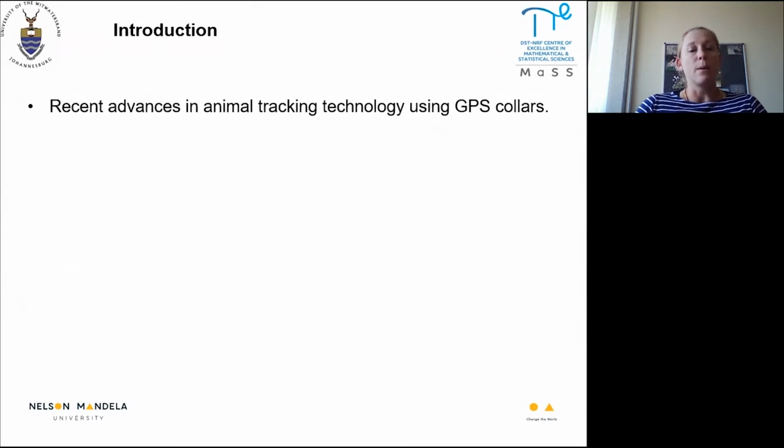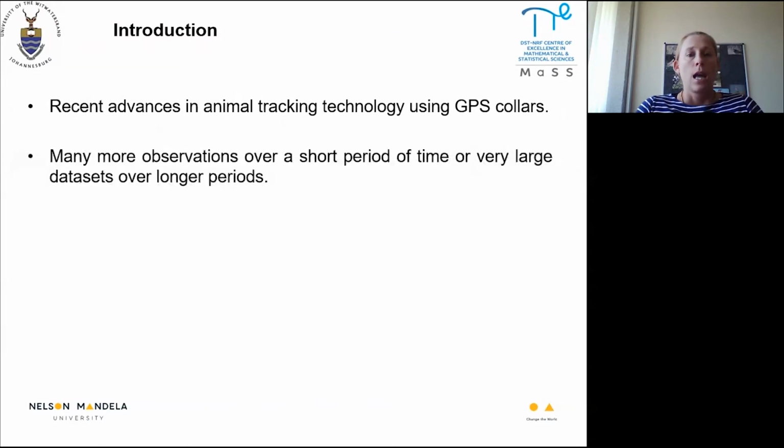There have been a number of advances recently in terms of animal tracking technology using GPS collars. And a lot of that has been in terms of actually the battery life. So now we are able to obtain many more observations over a short period of time, or very large data sets over longer periods of time.